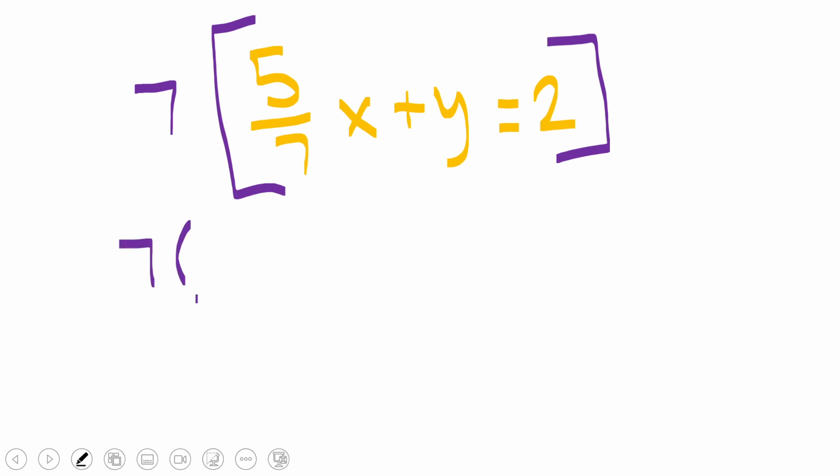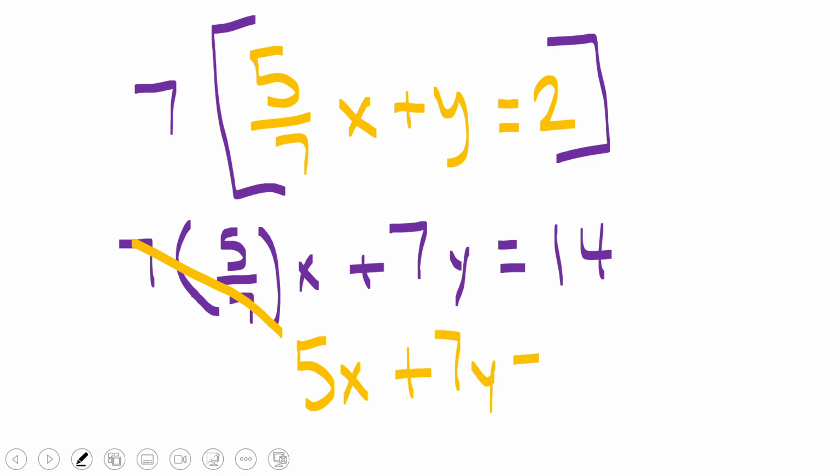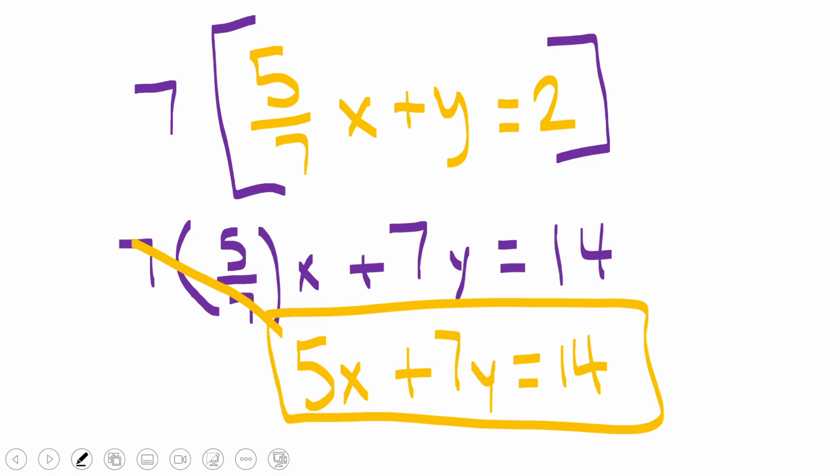So it looks like 7 times 5/7 x plus 7y equals 14. And these will cross cancel, and that leaves us with a standard form 5x plus 7y equals 14 for our final standard form answer from the original equation.